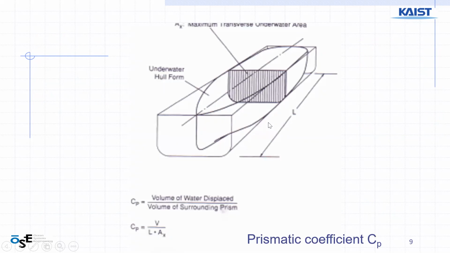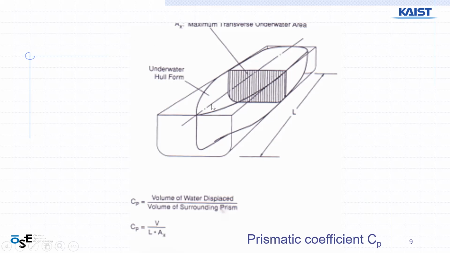So this is the definition for CP, the prismatic coefficient, and AX is the maximum transverse underwater area. Usually a big ship has its central midship section as the maximum, but small ships may not have the maximum at the middle of the length.